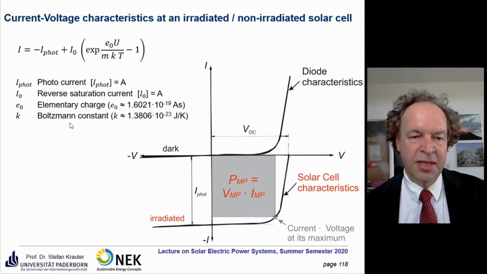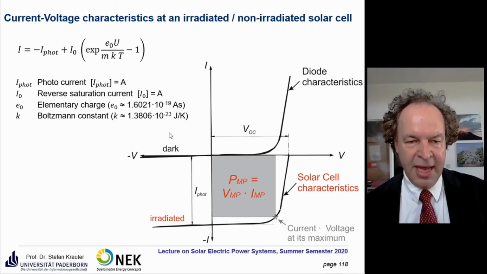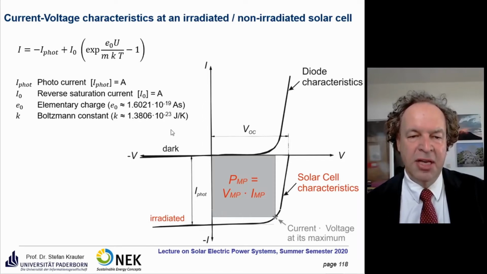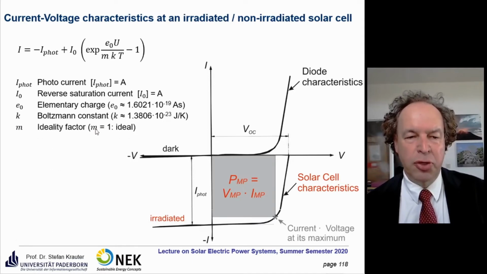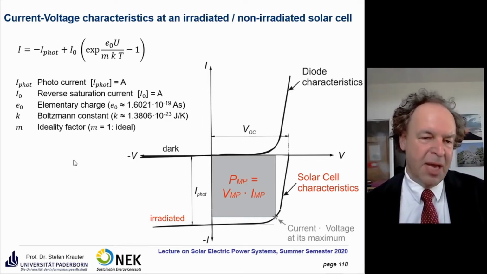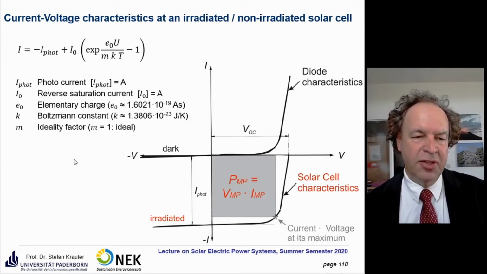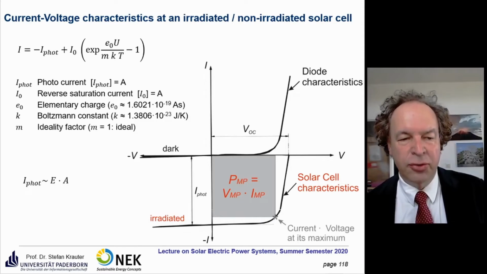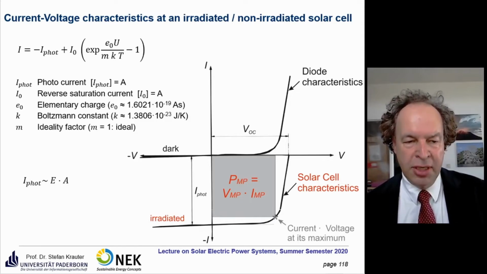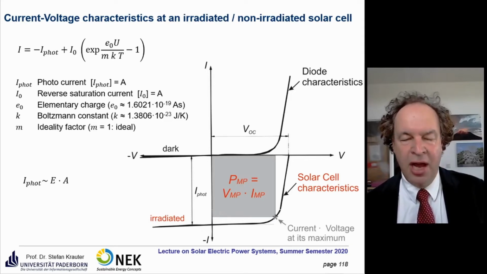You have the Boltzmann constant, also a very low value, 1.38 times 10 to the power of minus 23 joule per Kelvin. The ideality factor, as a first approach, we say it's an ideal diode with M equal to 1. Sometimes the letter N is also used for the ideality factor, as we see later. Then we have the photocurrent, which is proportional to the irradiance value and to the area of the solar cell.